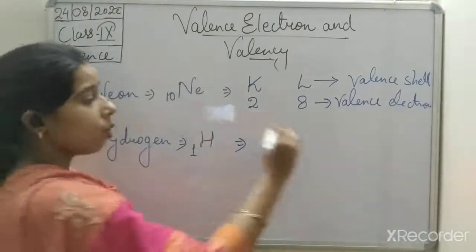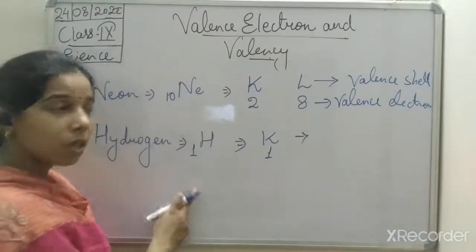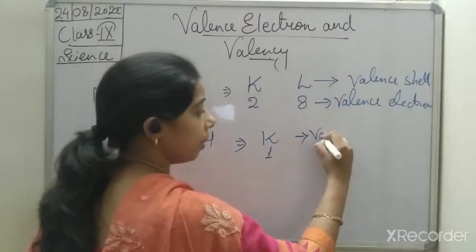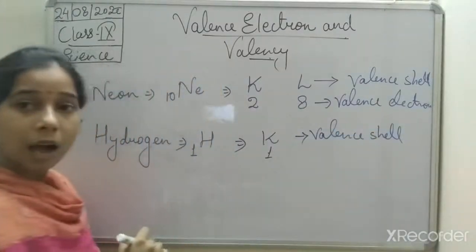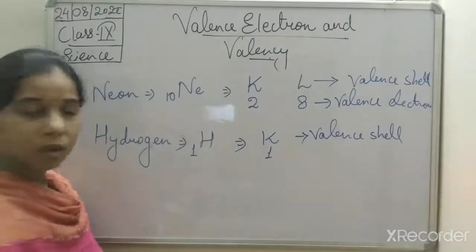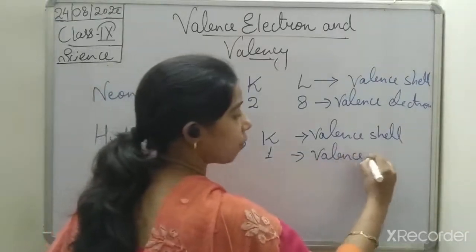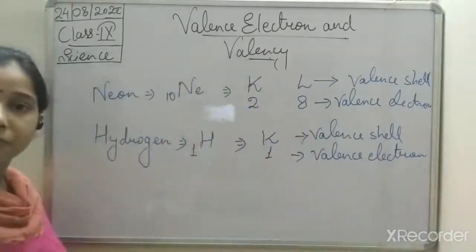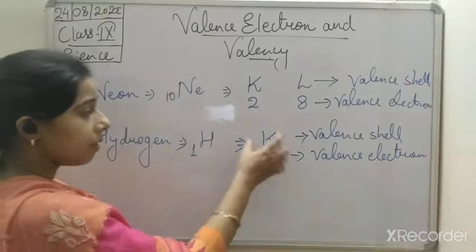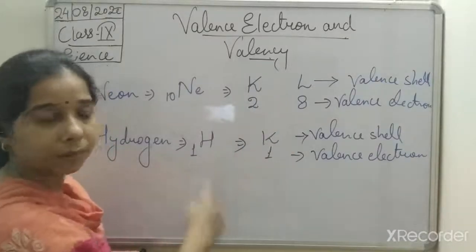What will be the valence shell here in the case of hydrogen? The valence shell will be K only. Right? And what will be the valence electron? The valence electron will be 1, which is present in the valence shell. So the valence shell is K, and the valence electron is 1.